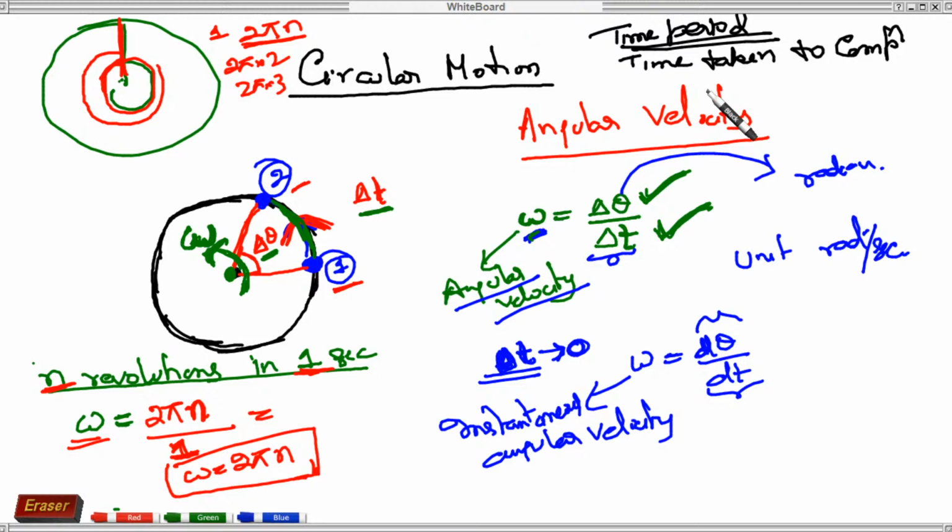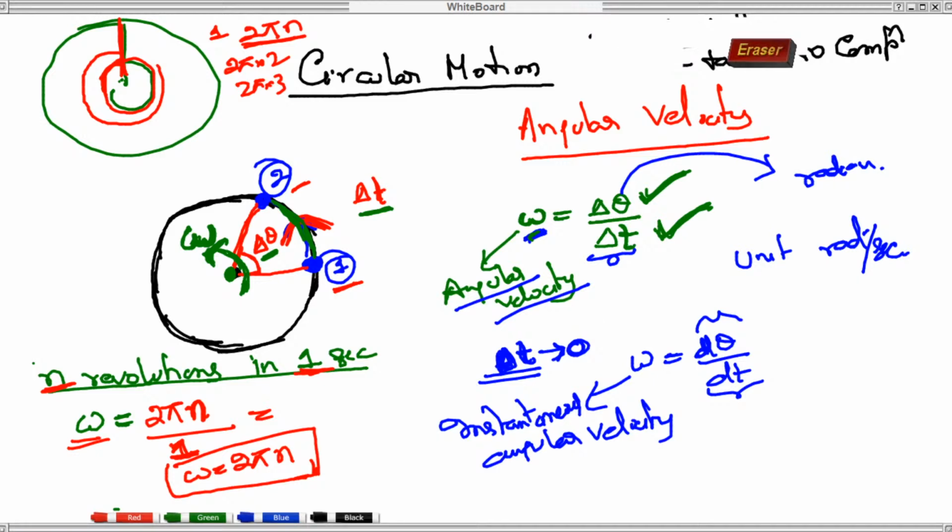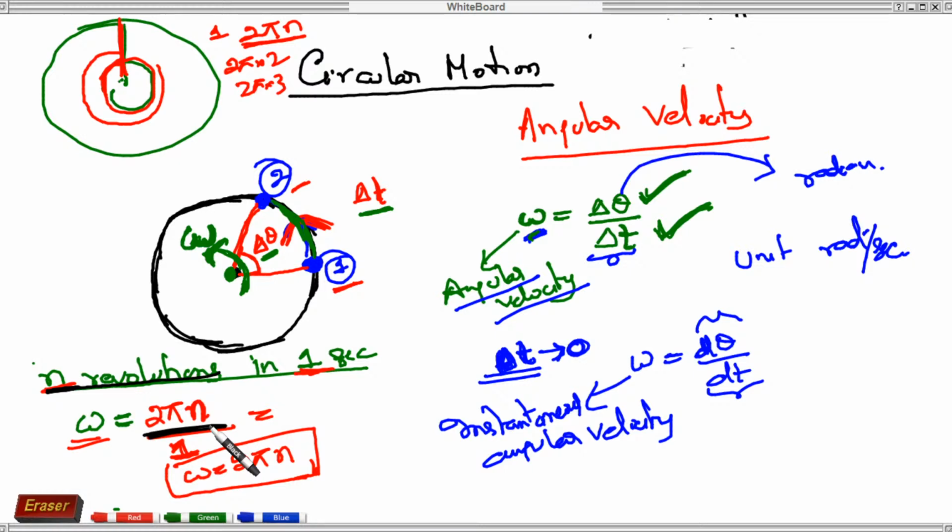It depends on the situation. If someone tells you it takes n revolutions in 1 second, this would be the angular velocity in that case.